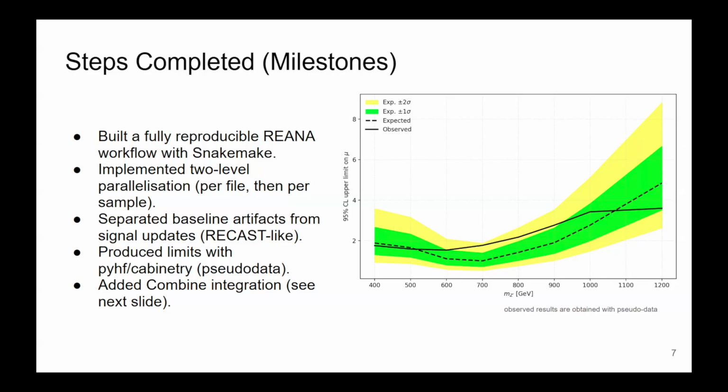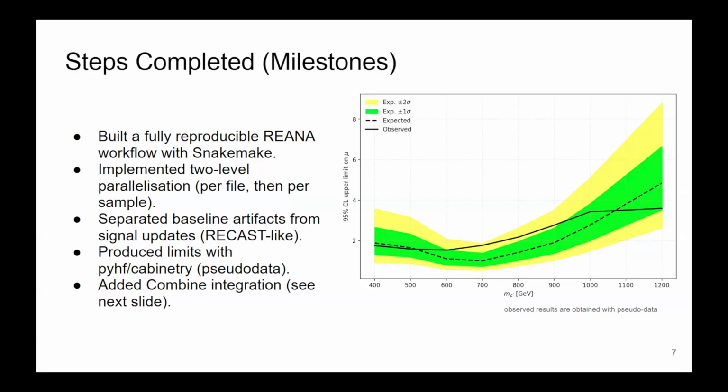On this figure, we plot the 95% CL upper limit on the signal strength for the Z-prime mass. The dashed line is the expected limit, and the green and yellow bands show the 1 sigma and 2 sigma ranges under the background-only assumption.